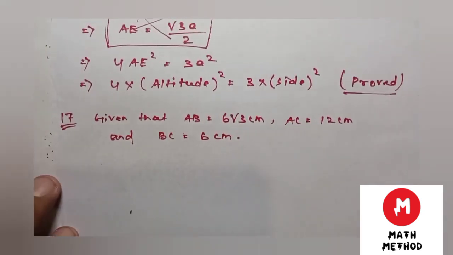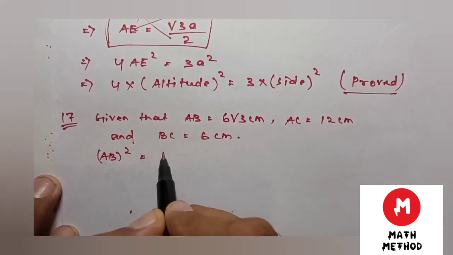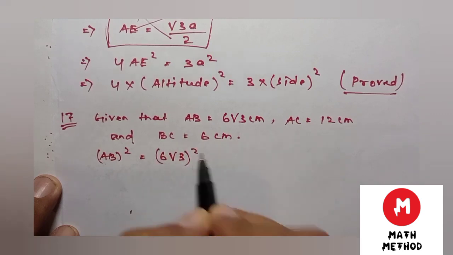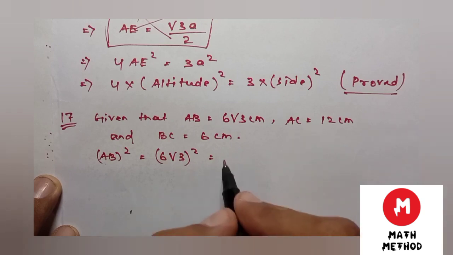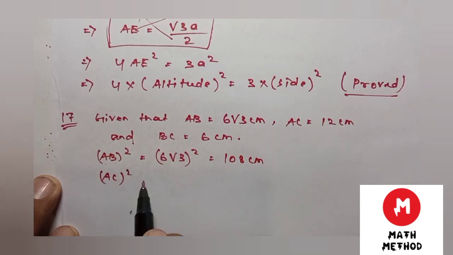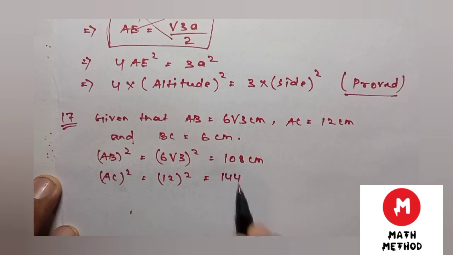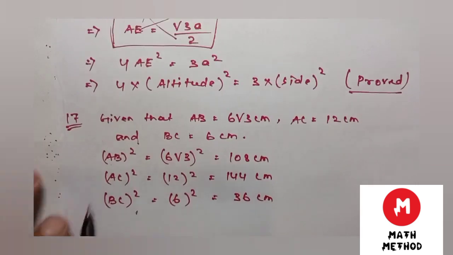Clear? So by applying the Pythagoras theorem, we have AB square is equal to 6 root 3 whole square, which is 6 into 6 is 36, 36 into 3 is equal to 108 cm square, and AC square is equal to 12 whole square, which becomes 144 cm square. Similarly BC square is equal to 6 whole square, which is 36 cm square.